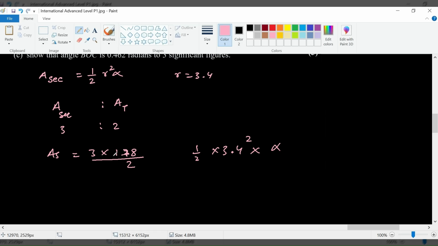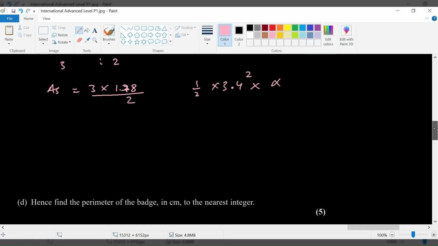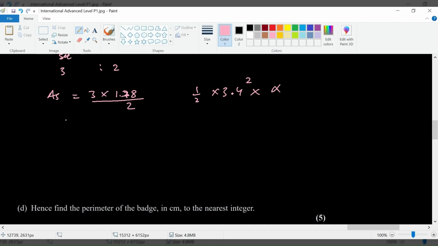Okay, now both of them are equal, so I can write all this in one line and see how it comes up. I will write all this once again, and I will say that 1 over 2, 3.4 squared times alpha is equal to 3 times 1.78 over 2.